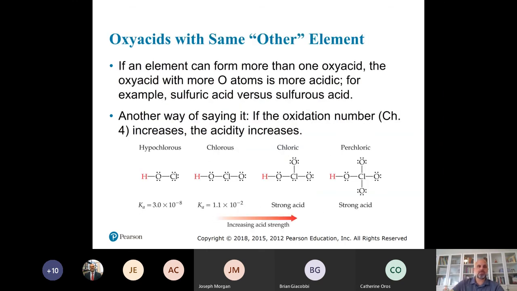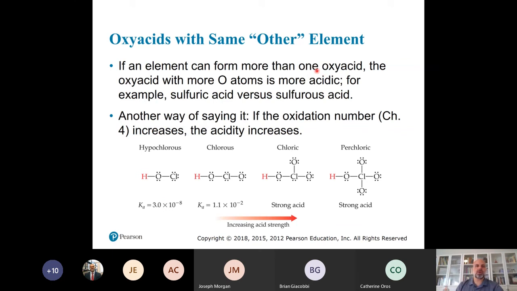So that's where we left off. We talk about oxyacids with the same other element, so we can compare, when that non-metal forms bonds with more than one oxygen.